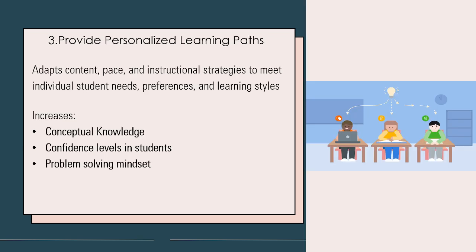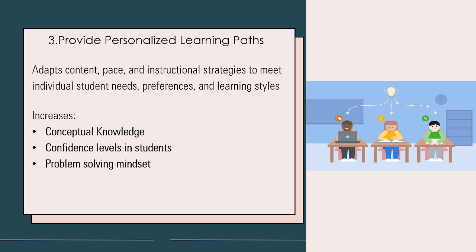Provide personalized learning paths. Personalized learning adapts content, pace, and instructional strategies to meet individual student needs, preferences, and learning styles. This approach recognizes that learners have different backgrounds, strengths, and goals, making education more relevant and effective.